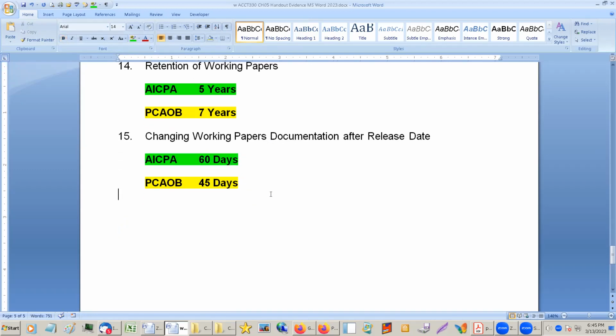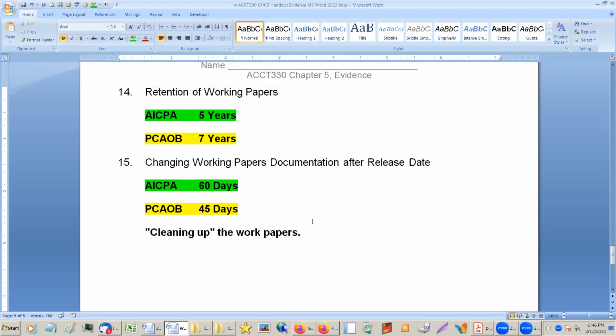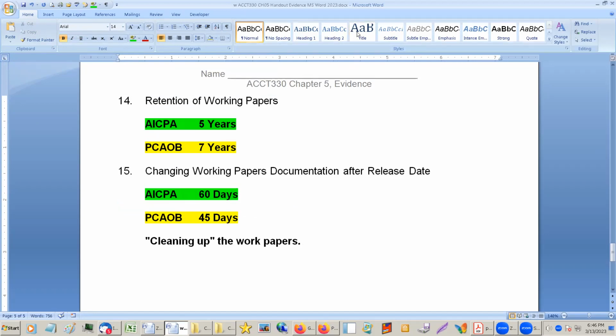This is sort of like what they might call cleaning up the work papers. And cleaning up the work papers means that a lot of times, for the most part, it means taking things out that maybe you don't need to have in there. I'll talk about that in a second.